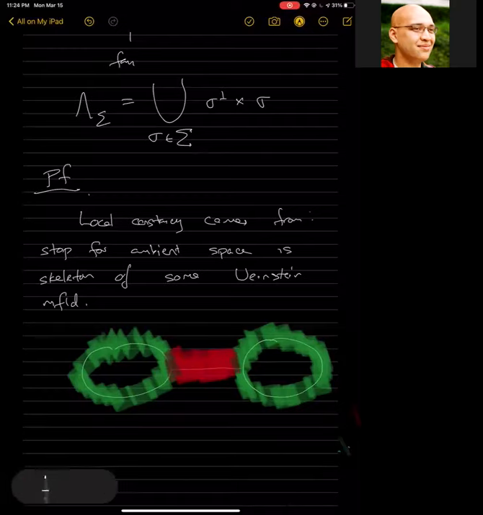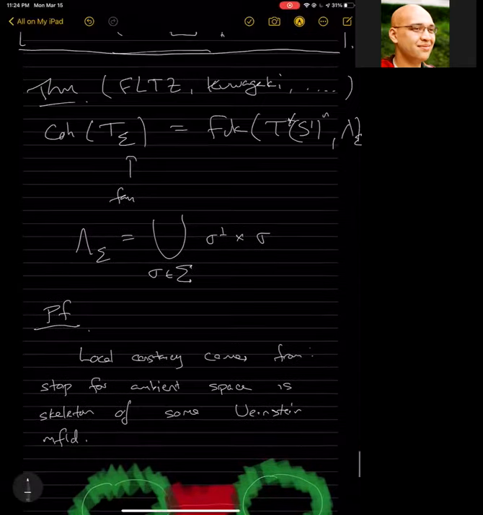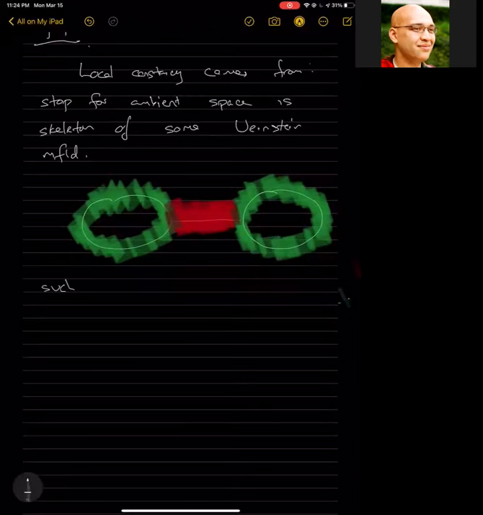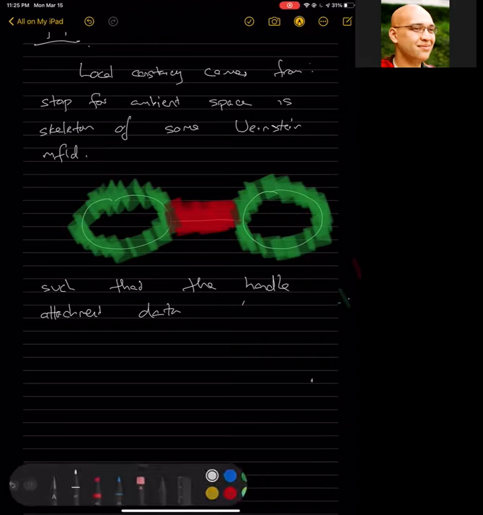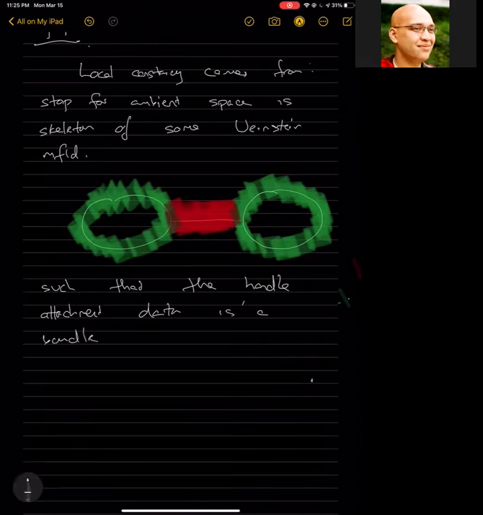And the thing which is true in this case of simplicial toric varieties and not true in general is that the handle attachment data projects somehow smoothly to, let's say, is a bundle over this auxiliary vector space.